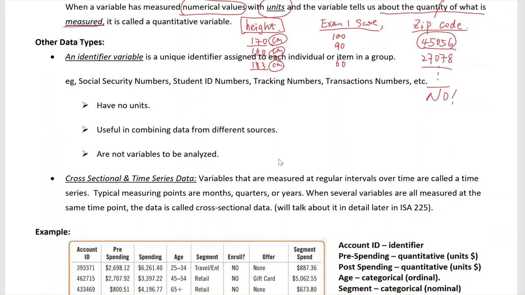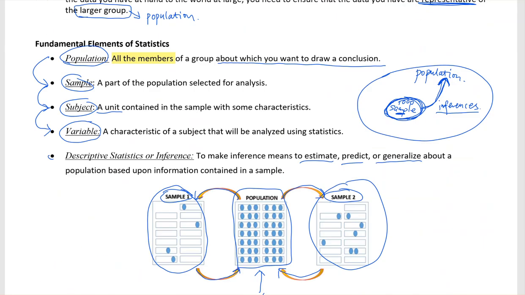And we also have other data types, right? So first, it is called an identifier variable. So what is an identifier variable? An identifier variable is a unique identifier assigned to each individual or item in the group. Alright, so let's look at the previous example.